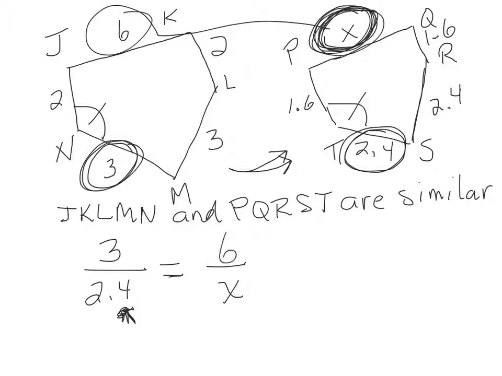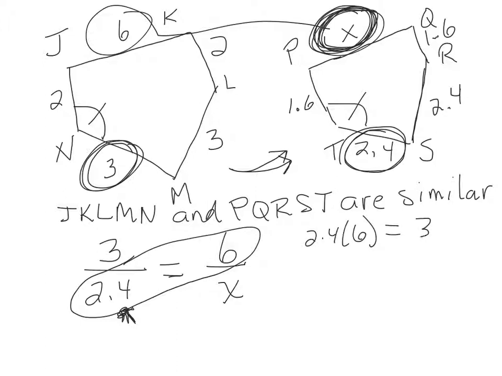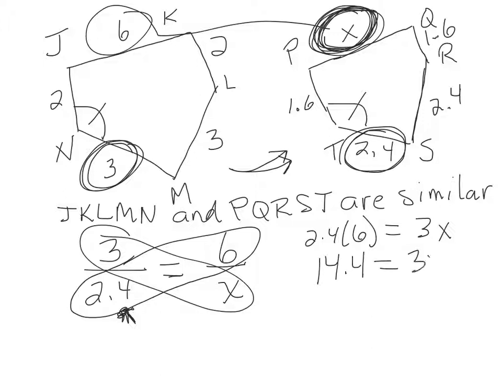They match. We have a proportion set up, so the way that you solve that is you cross multiply. So we're going to have 2.4 times 6 has to equal the other two sides that we cross multiply. When we take a calculator and multiply 2.4 by 6, we get 14.4, and that's set equal to 3x.